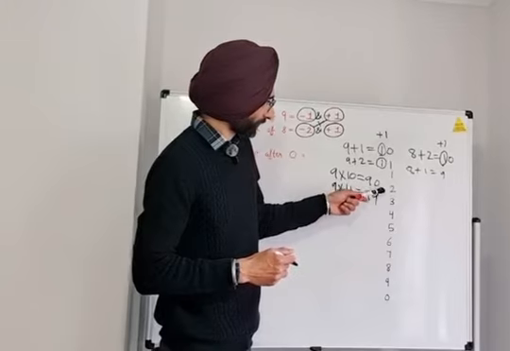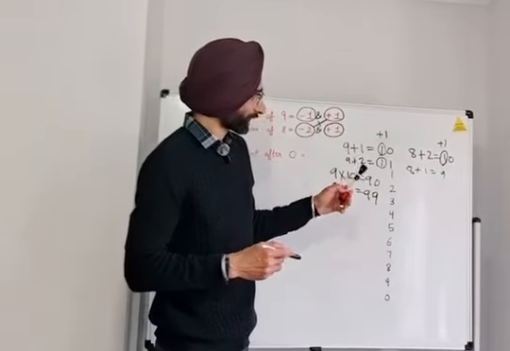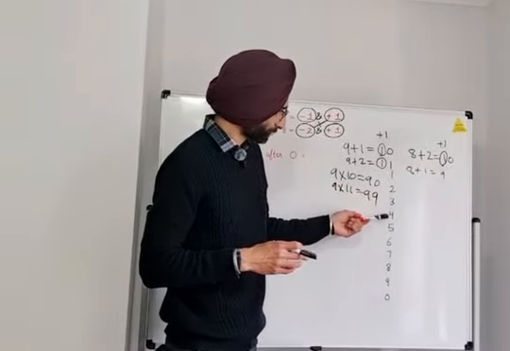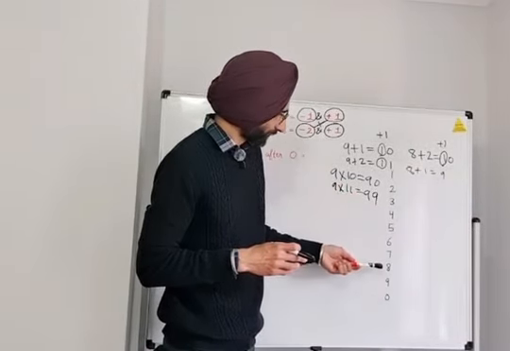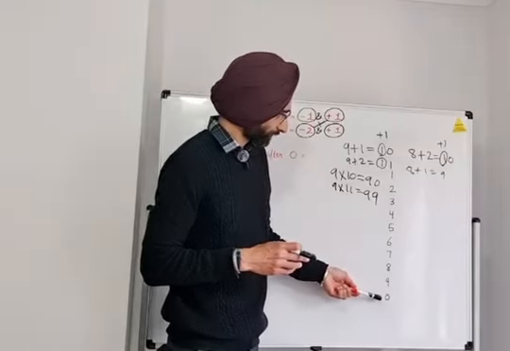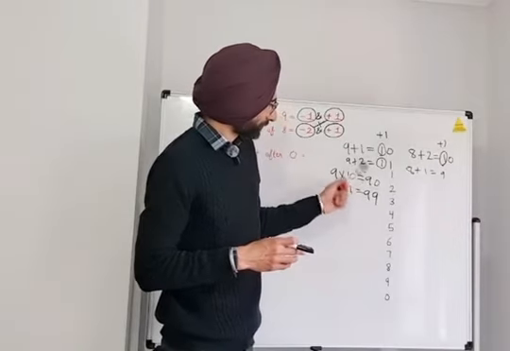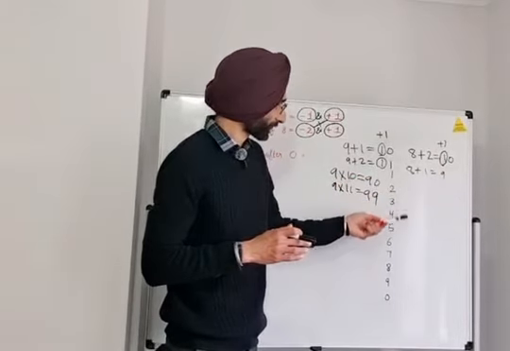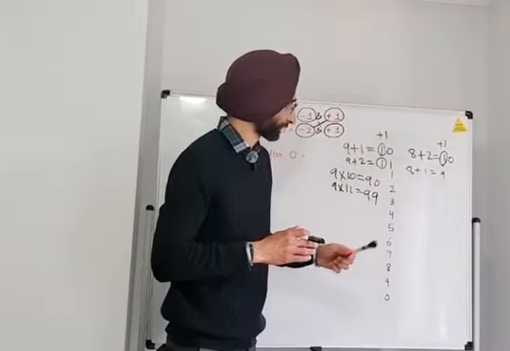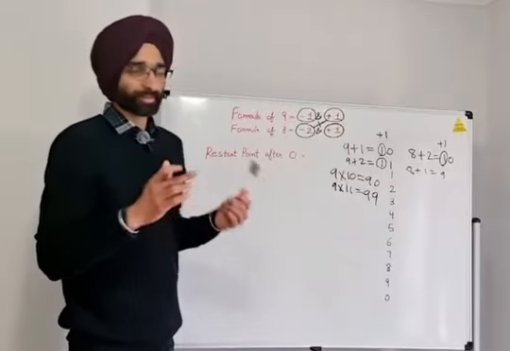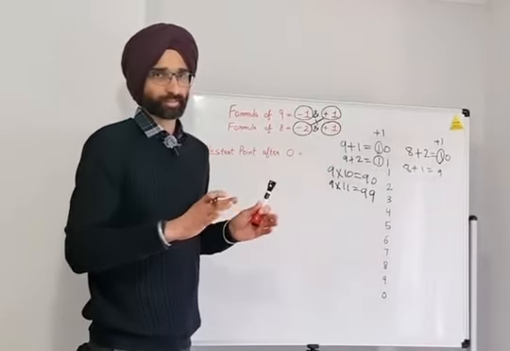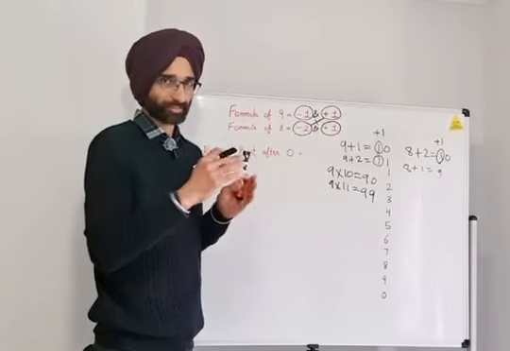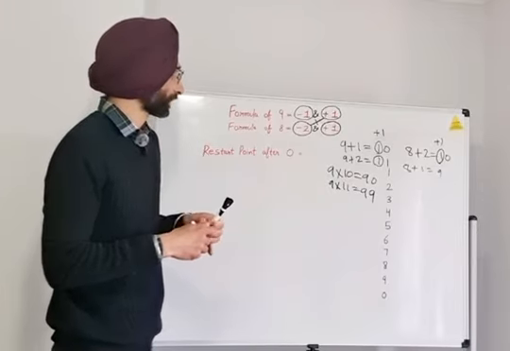And then again, the answer in the table of 8 will always end either in 2, 4, 6, 8, or 0. The answer will never ever end in 1, 3, 5, 7, and 9. The even number tables will always end in an even digit, the last digit of the answer.